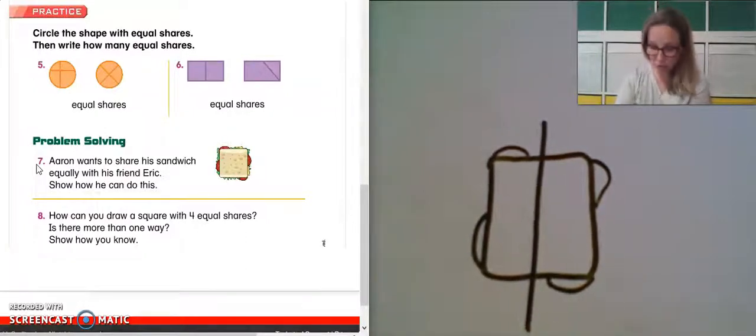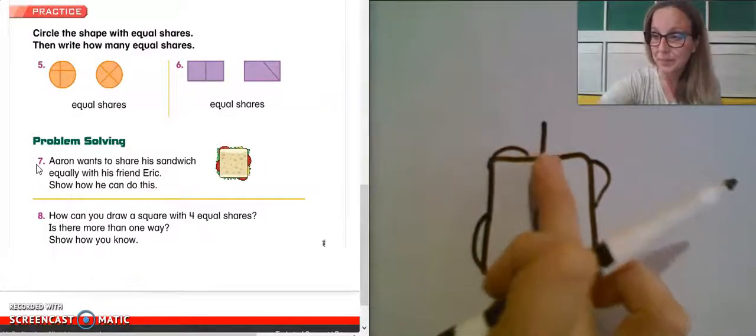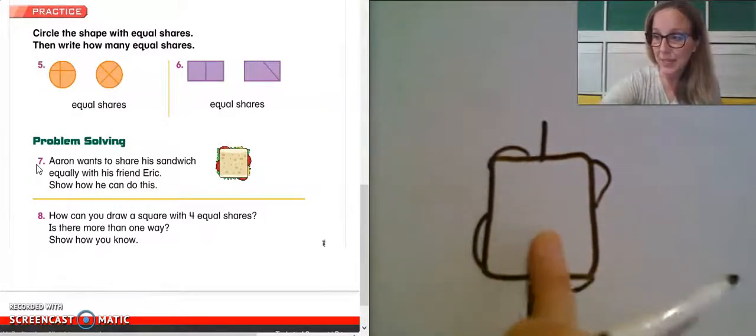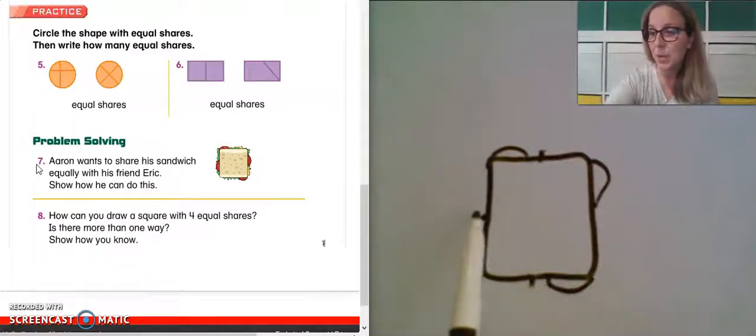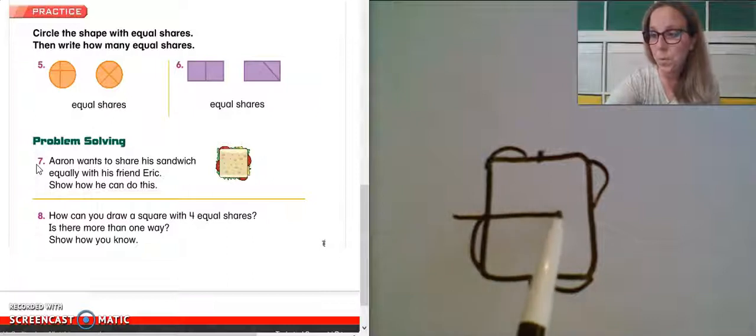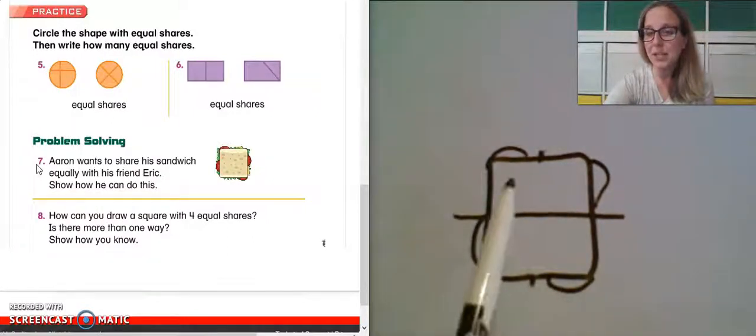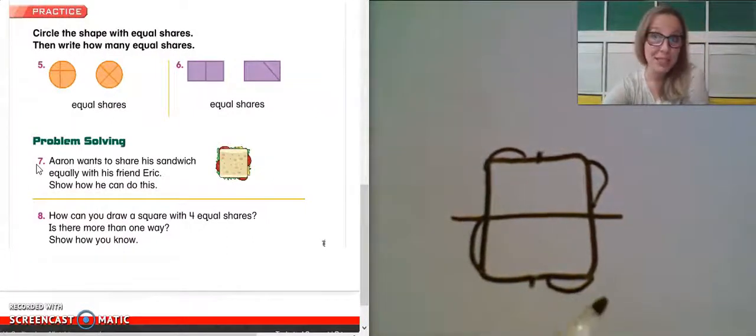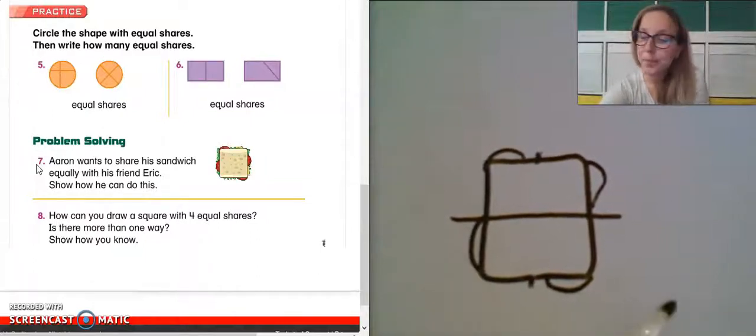Another way, if you chose not to do it that way, another way we could divide it would be across this way. And now they would each have an equal size piece or an equal share.